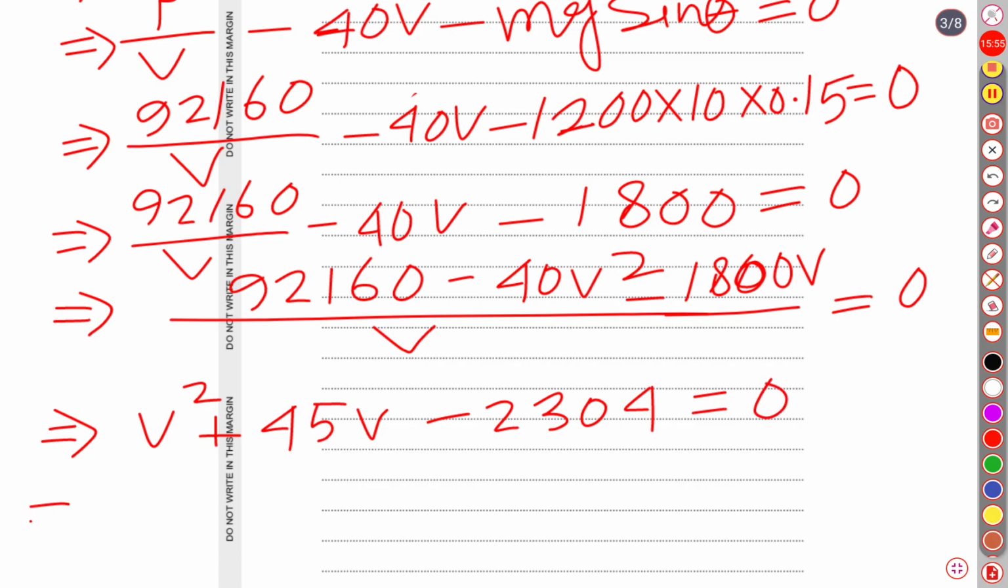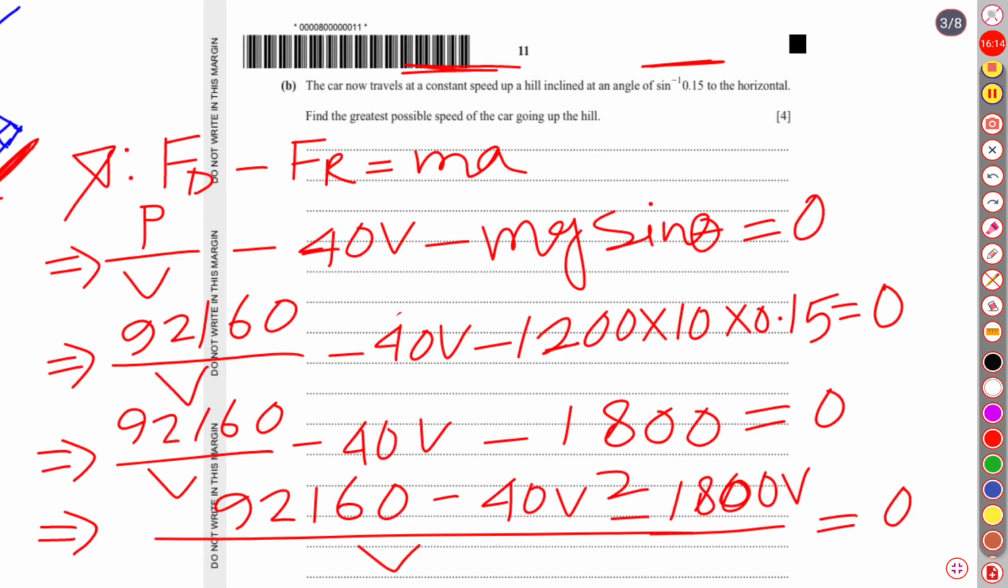Now we are going to apply the quadratic formula. B is equal to negative 45. Look at this, we are finding speed, and speed can never be negative. Speed is a scalar term. Let me show you that they have told us to find the greatest possible speed.